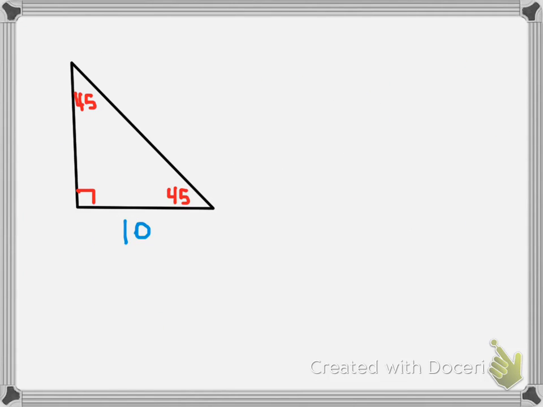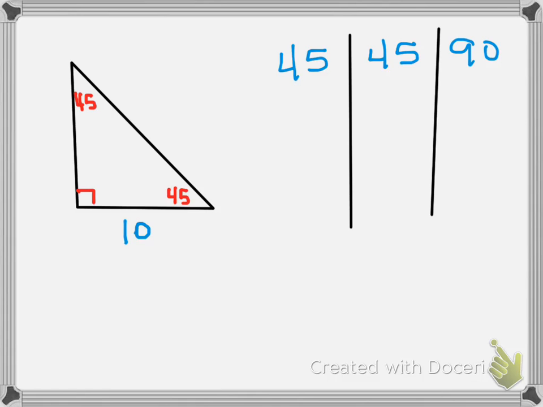So let's look at this next one here, this last one. It's a 45, 45, 90 triangle. So again, we want to write out our chart. Now we've got to remember the ratio of a 45, 45, 90 triangle.